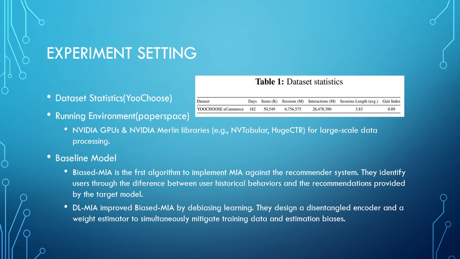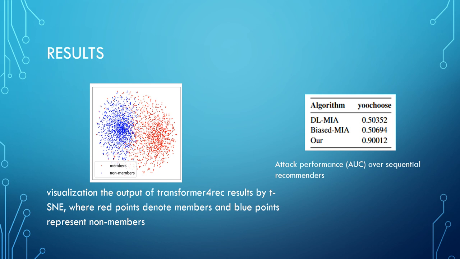The second baseline model is DLMIA, which improved the first model by deep Bayesian learning. This paper designed a decentralized encoder and a weight estimator to simultaneously mitigate training data and estimation biases.